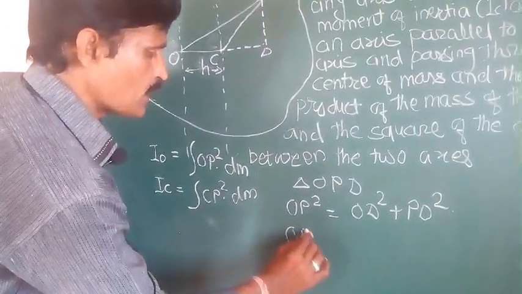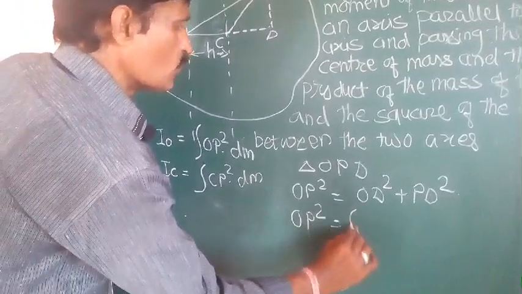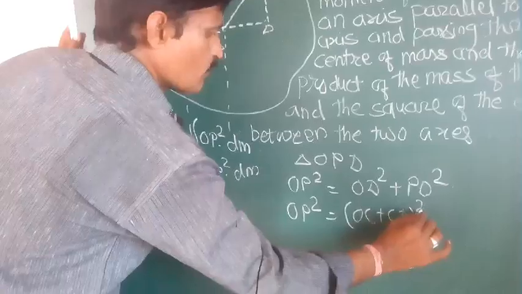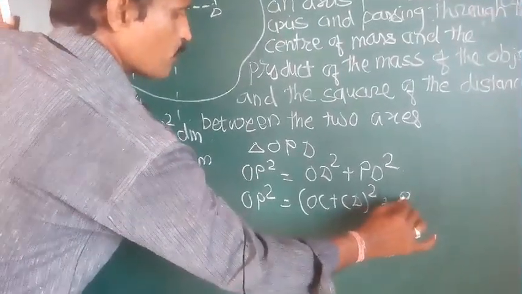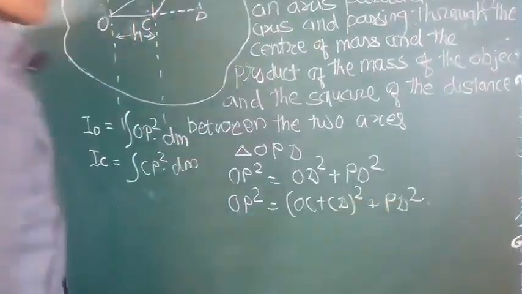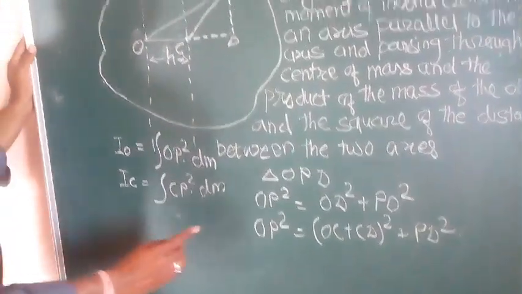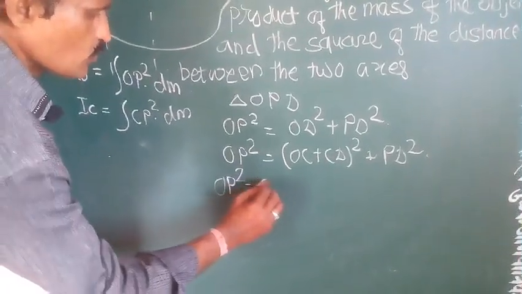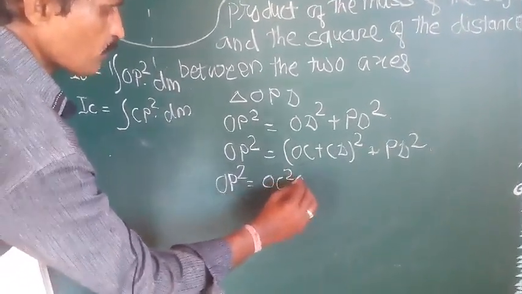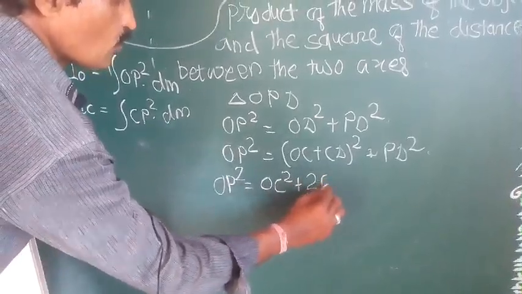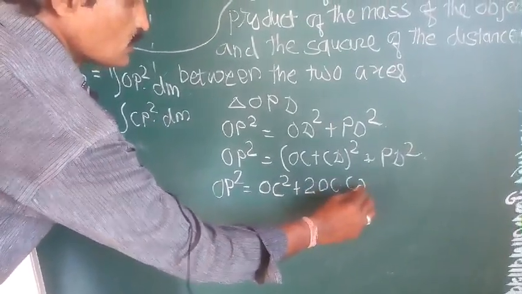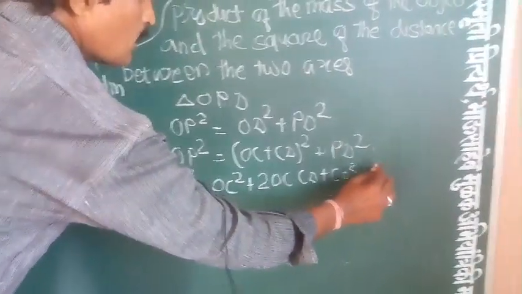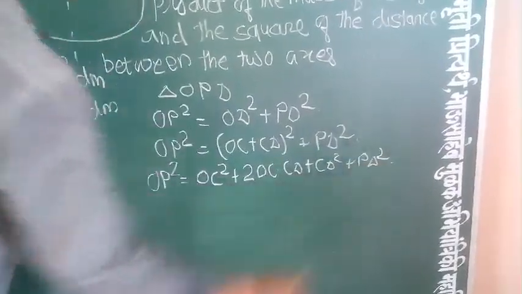So OP square is equal to (OC plus CD) square plus PD square. Now OP square is equal to OC square plus twice OC into CD plus CD square plus PD square.